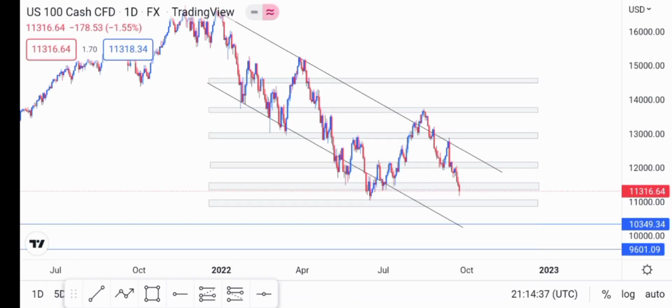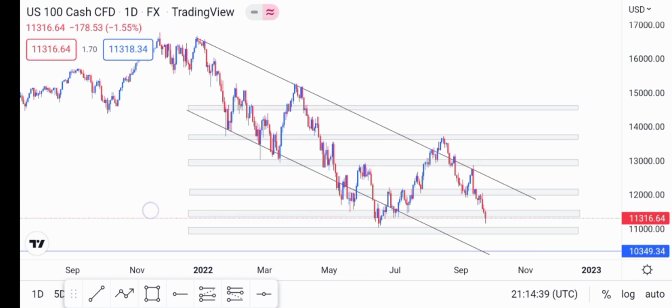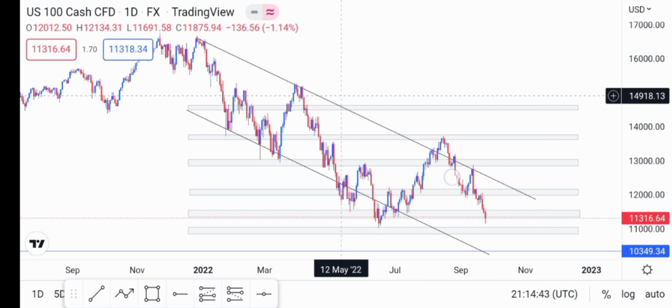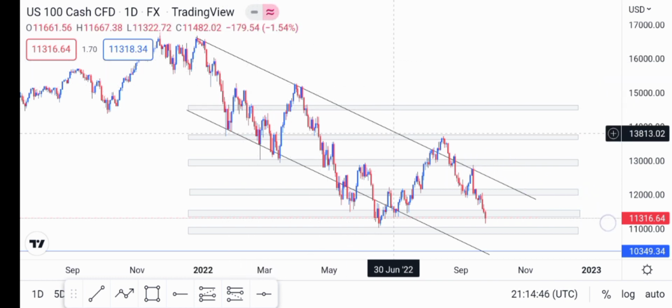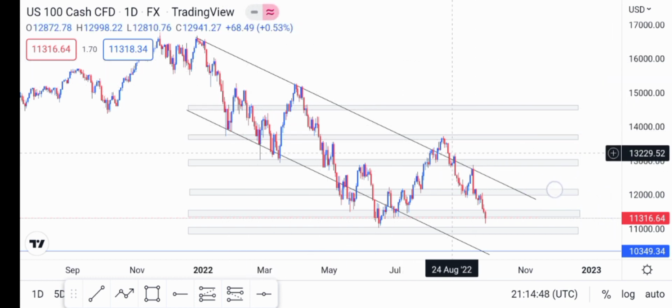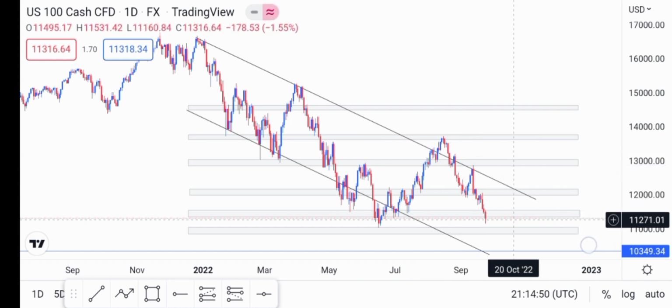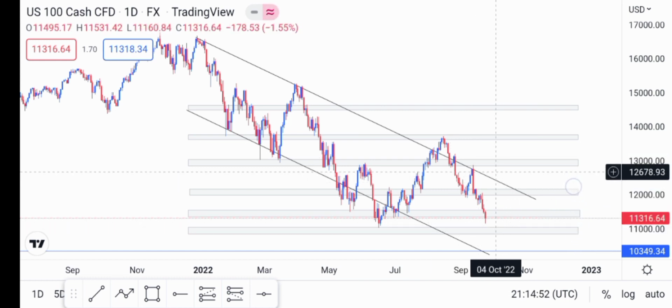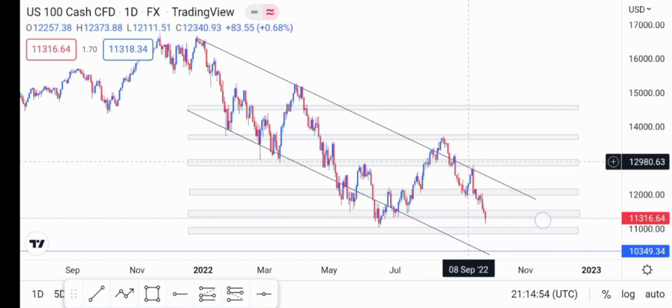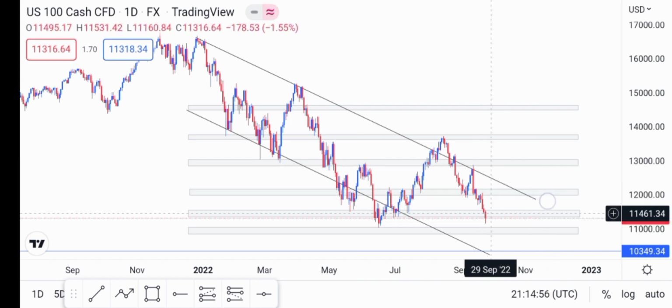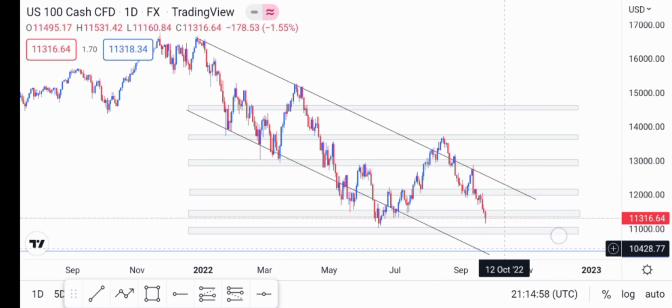Okay, so as you can see, I've drawn my trend lines using the body of the candlestick, so you can have most of the touches or the accurate touches. So as you can see here, we did break out. But now we are on this area here. NAS100 has been pushing to the lower side, and now it seems like it's going to touch this area here that I thought it would never touch.